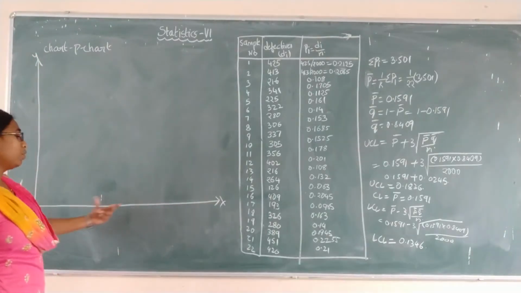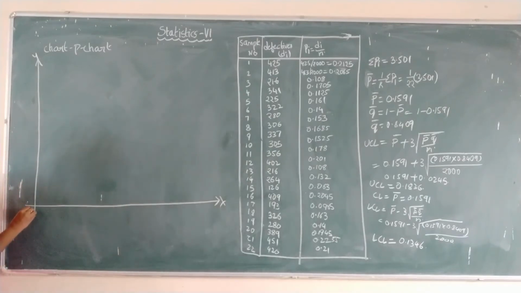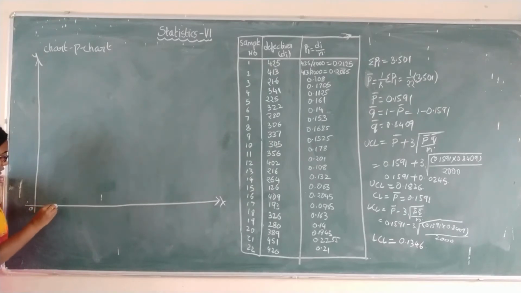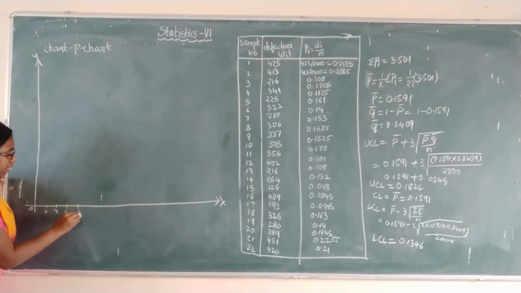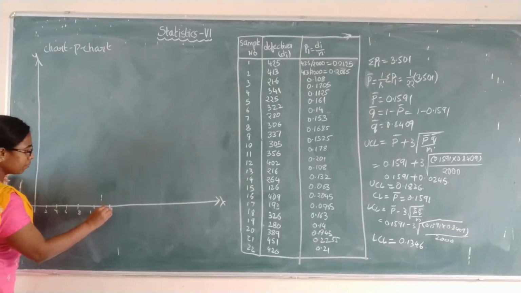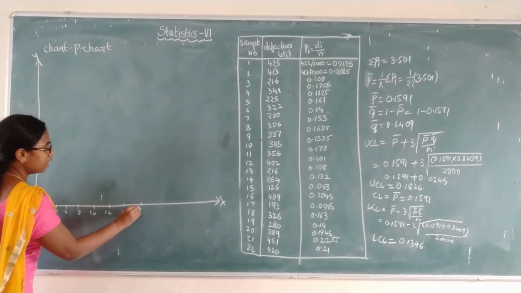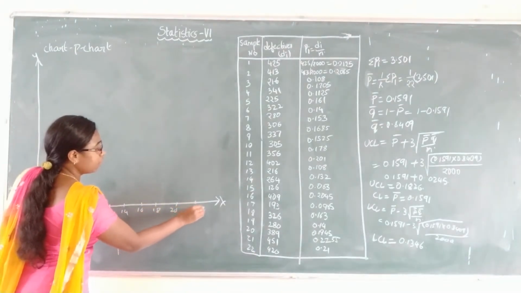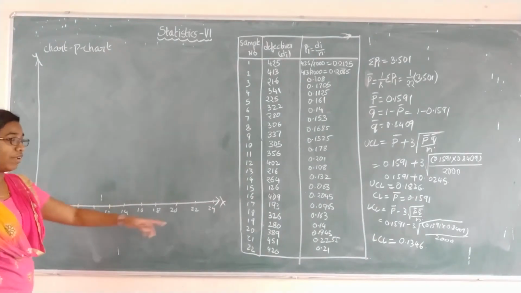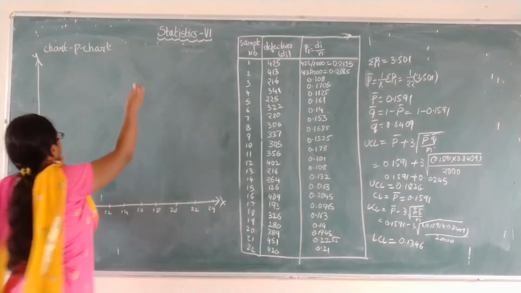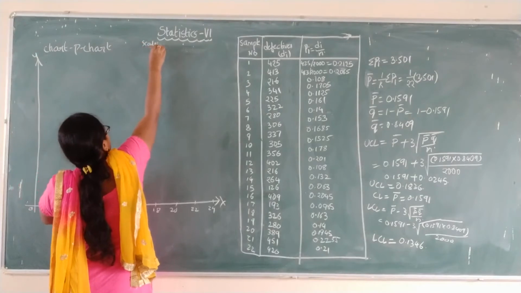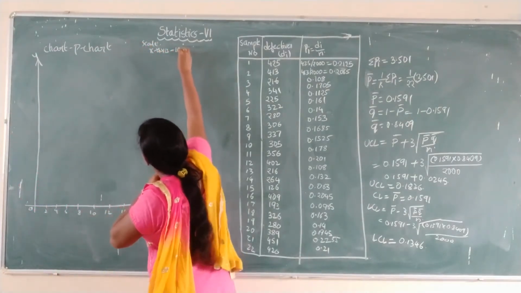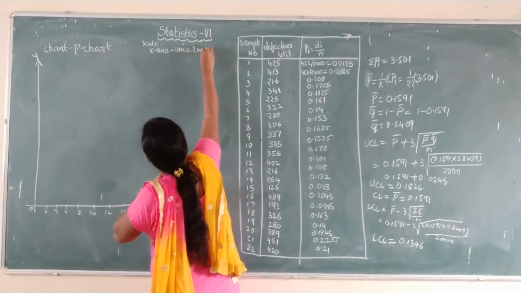Representing 22 samples on a small graph is not easy, so I am taking the scale as 2 on the x-axis: 2, 4, 6, 8, 10, 12, 14, 16, 18, 20, 22, 24. On the x-axis the scale is 1 centimeter equals 2 units.